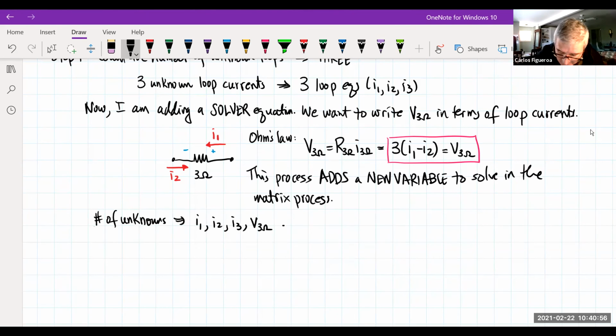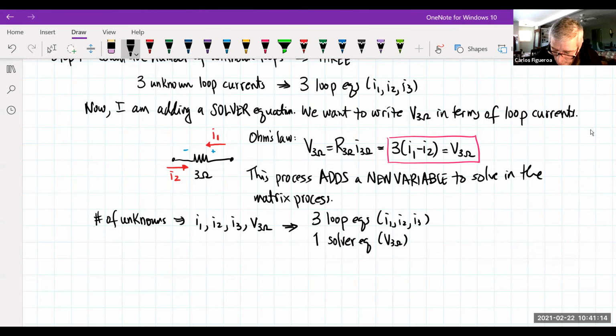So this tells me that I need 3 loop equations for I1, I2, I3, and then I have 1 solver equation for V3 ohm.